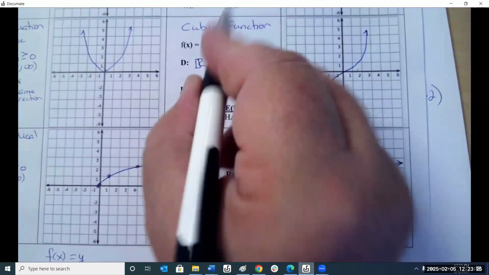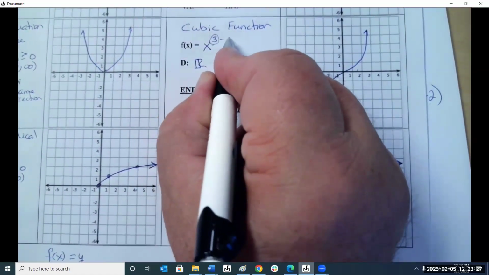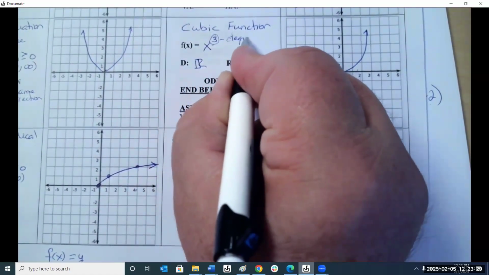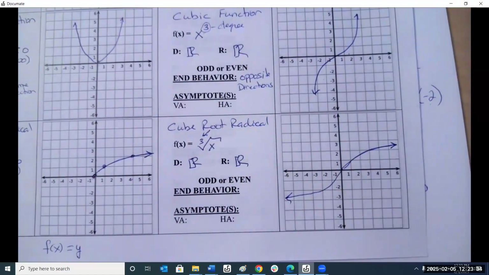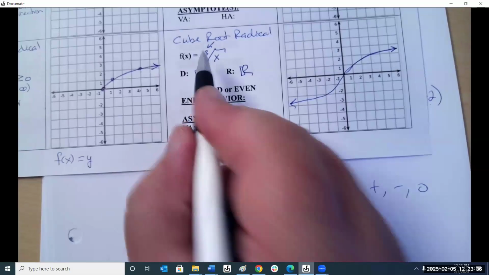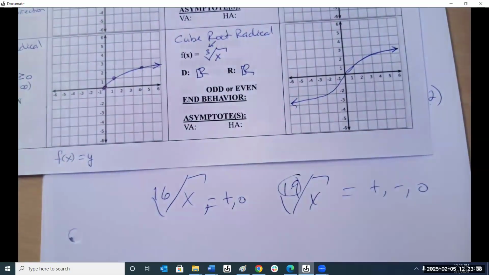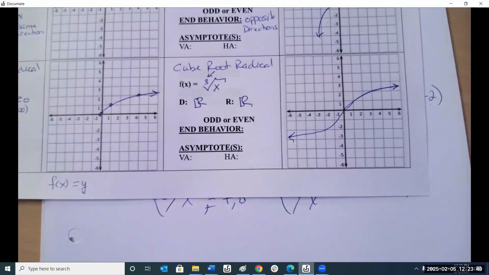The degree of a cubic function is 3. If you have an odd root or odd power, we know the answer can be positive, negative, or 0.